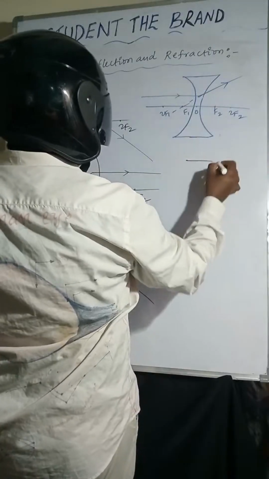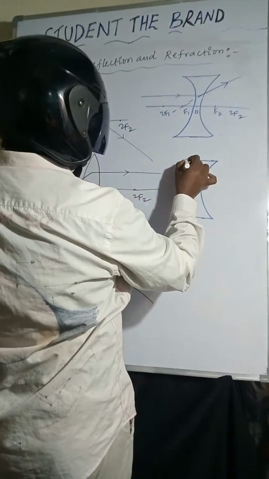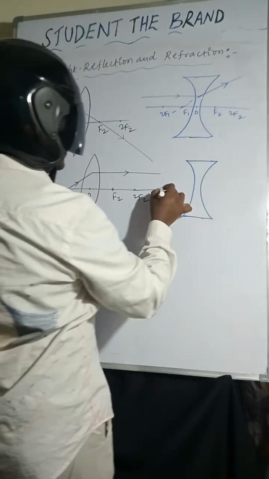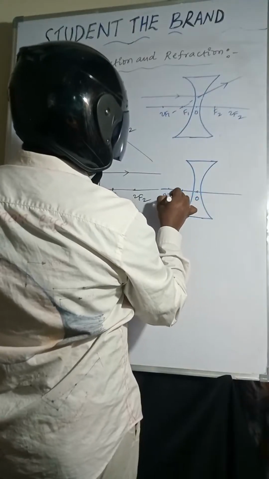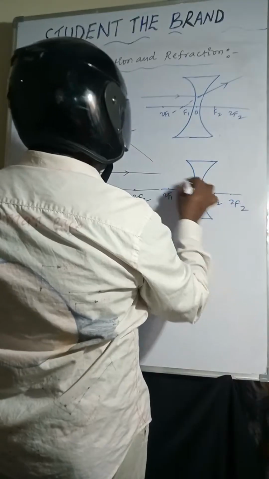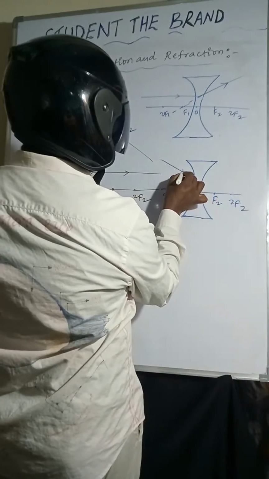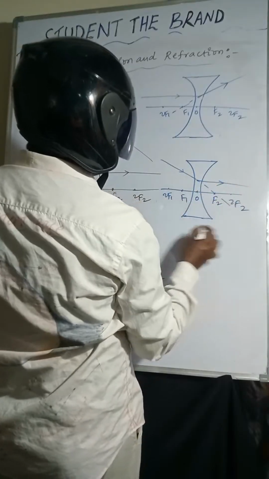And coming to the next one, optic center, F1, 2F1, F2, 2F2. The light ray passing towards the focus, after refraction passes parallel.